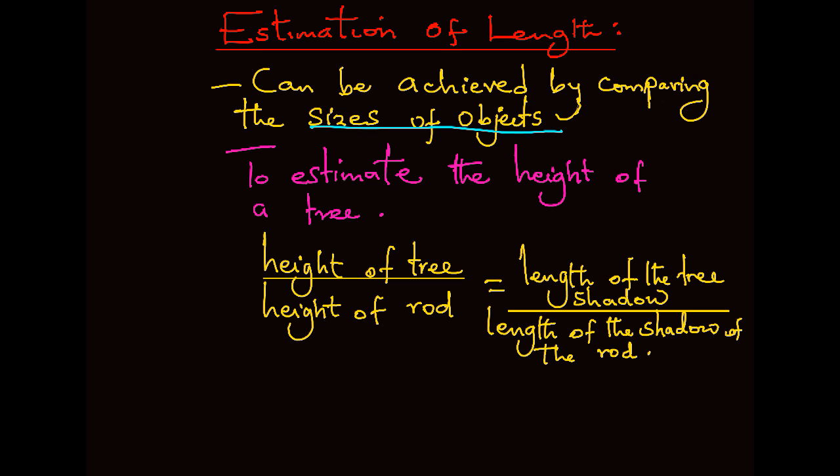So if the height of the tree is H tree, then we divide it by the height of the rod, the meter rule, HR, then this should be equal to the length of the tree's shadow divided by the length of the rod's shadow.